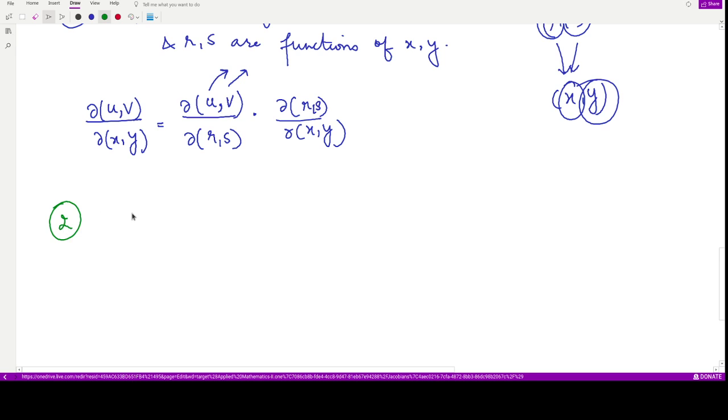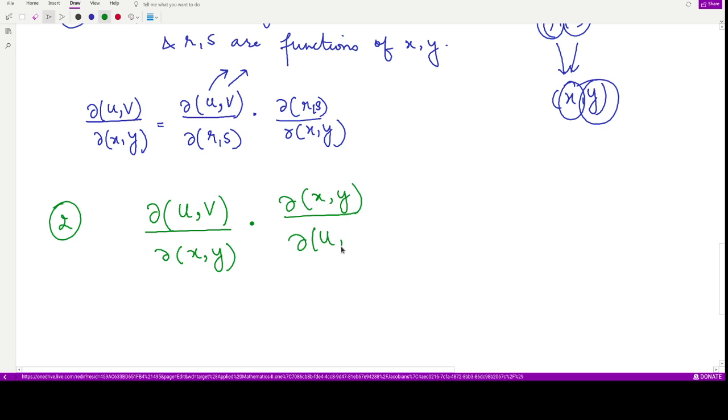It states that when you take the Jacobian of the dependent variables u and v with respect to x and y, and multiply it with the Jacobian of x and y with respect to u and v, this quantity is always equal to 1. This is the second property.